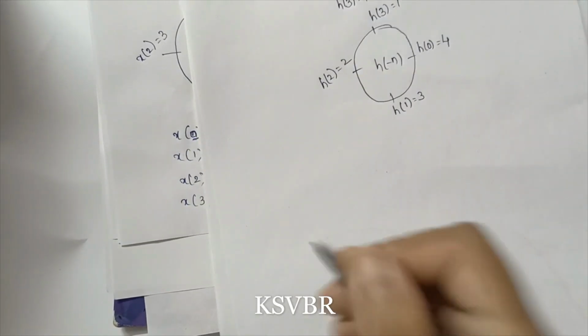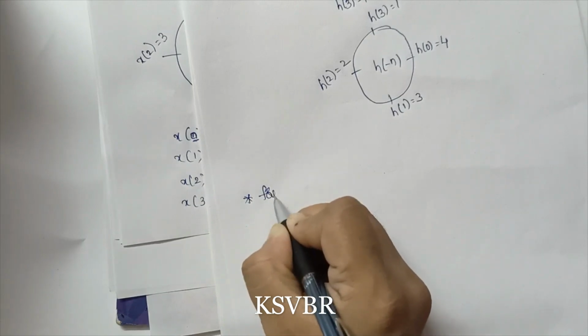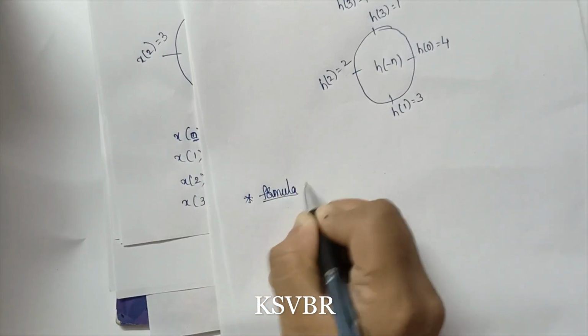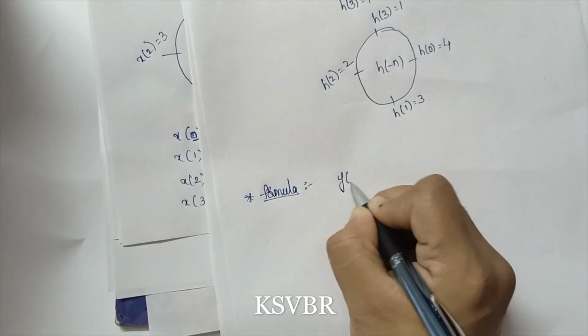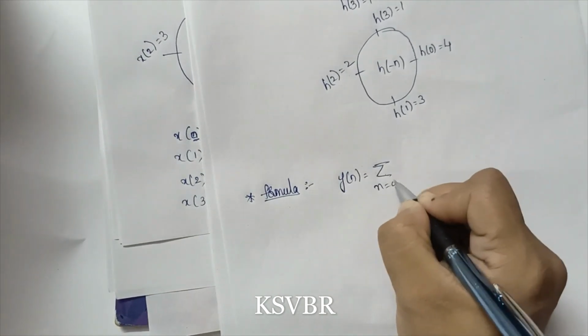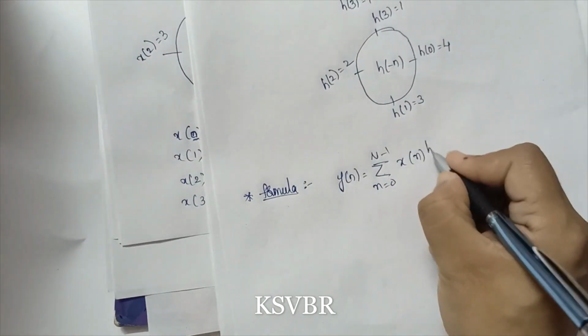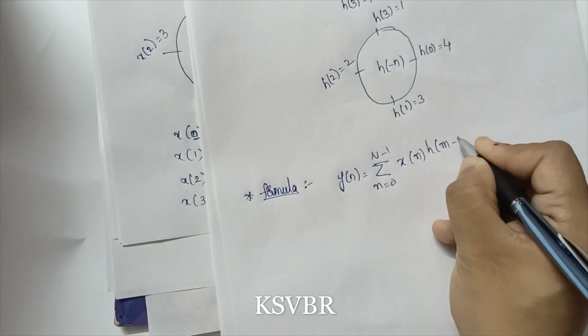So here is the formula for circular convolution: y of n is equal to summation n equal to 0 to N minus 1 of x of n into h of m minus n.